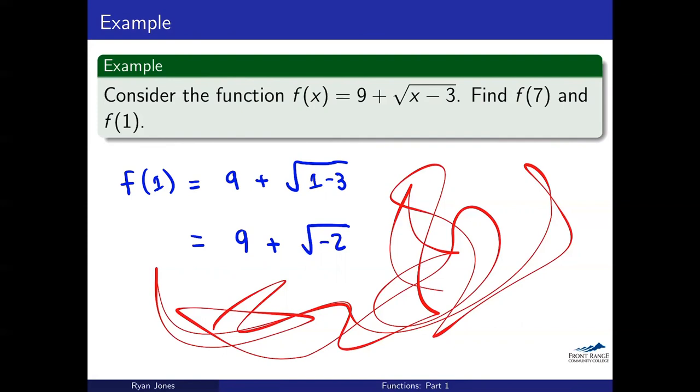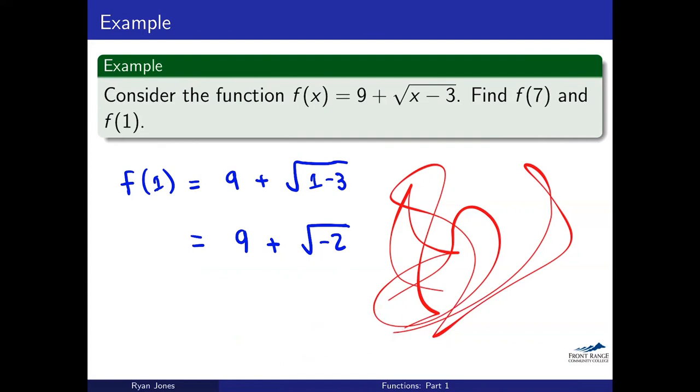And I do want to be careful here. I'm going to write this out, and then I'm going to explain why I don't like it. Equals undefined, right? It's unable to be defined. You can't tell me what 9 plus root negative 2 is because you can't take the root of negative 2. Here's what I don't like about this. I don't like this equals sign.